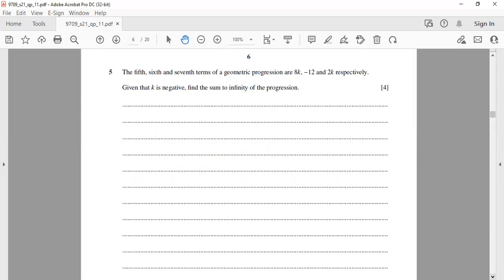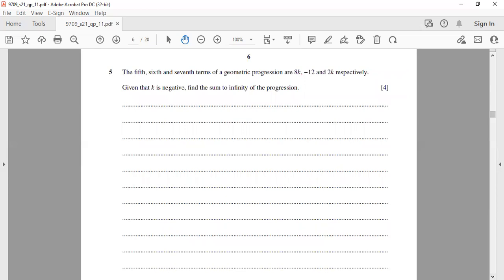So number 5, the 5th, 6th, and 7th terms of a GP are 8k, minus 12 and 2k respectively. Given that k is negative, find the sum to infinity of the progression.